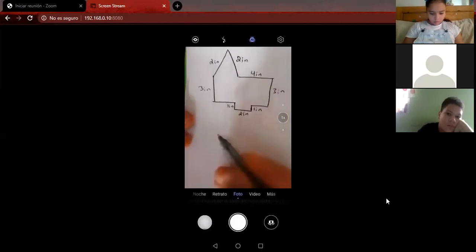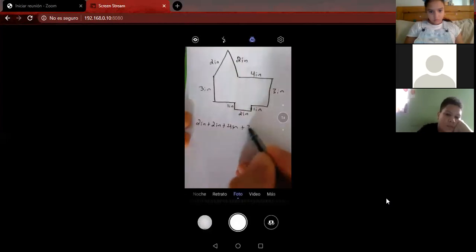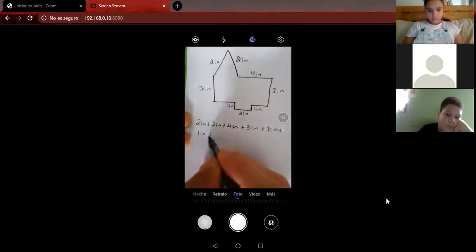You have to put the procedure: 2 inches plus 2 inches plus 4 inches plus 3 inches. It's only to add, in perimeter, yes.